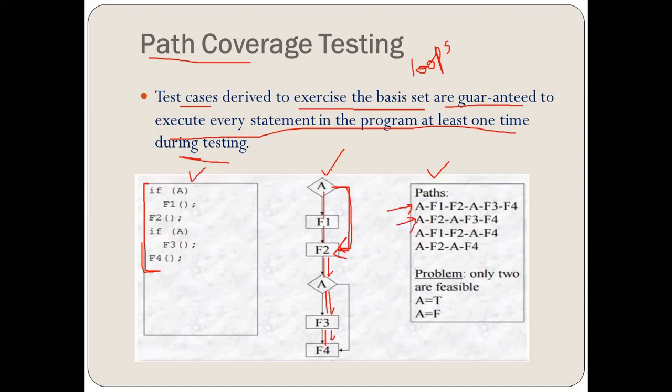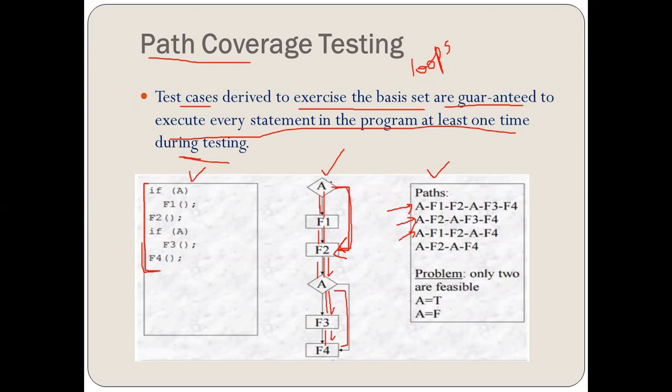If I'm considering the test cases only for these, then other paths remain unexecuted for the test. What are those? Those are, let's say, A to F1, F1 to F2, F2 to A, and A to F4. This is the third one. And the last one, there is one more.